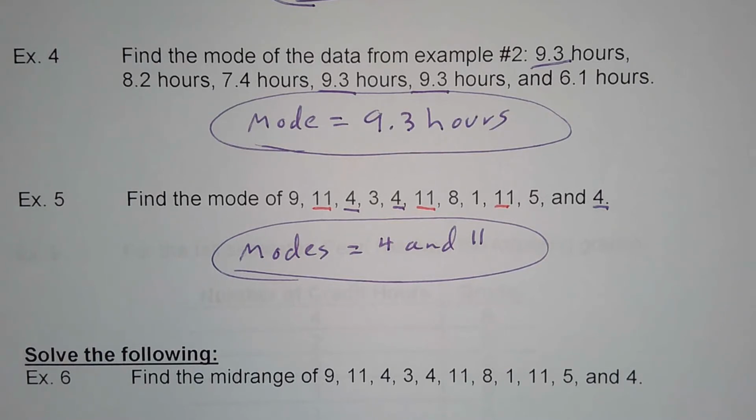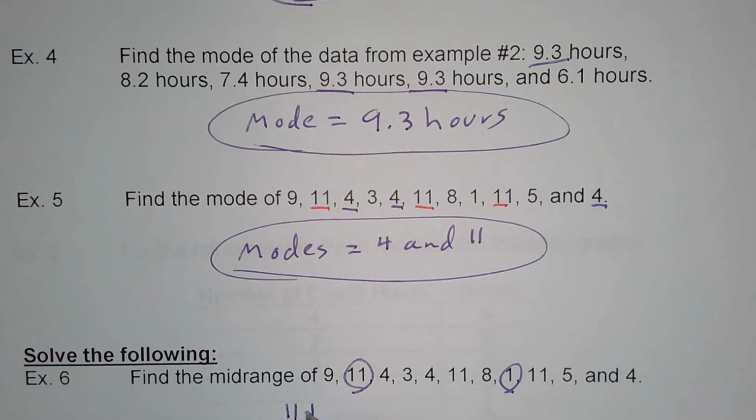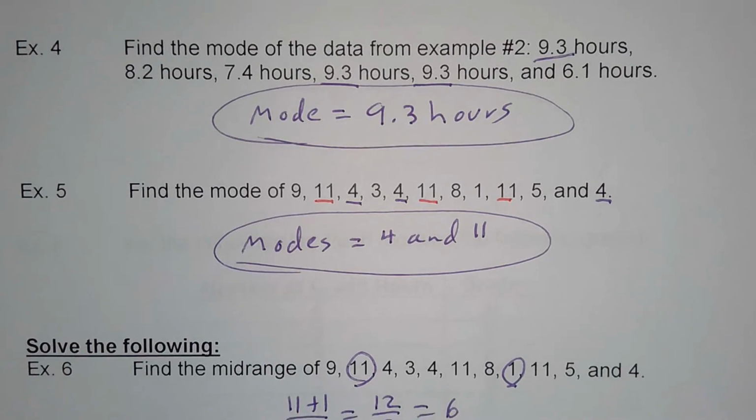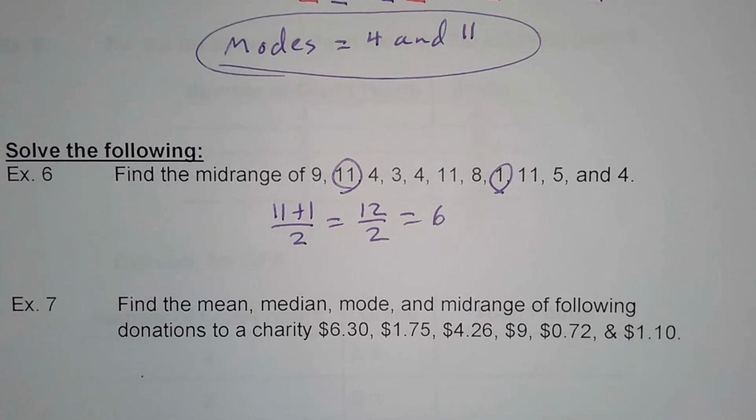Looking at our data, 11 is the highest, 1 is the lowest. So I'm going to add them together and divide by 2. So that's 12 divided by 2, which is 6. So our mid-range here is 6.